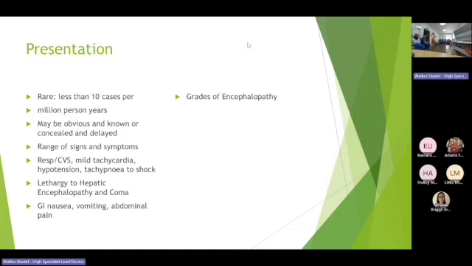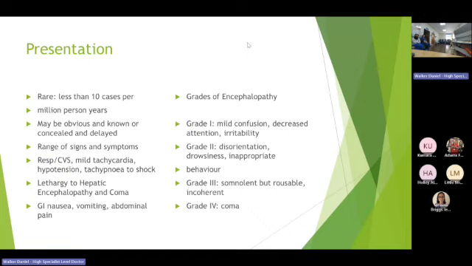A recap of the grades of encephalopathy. Can anyone remember them? Generally, 1 is the best and 4 is the worst. Sorry, it's not translated very well from when I downloaded it.